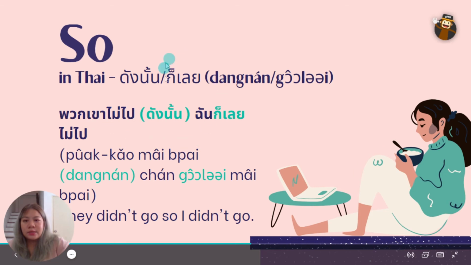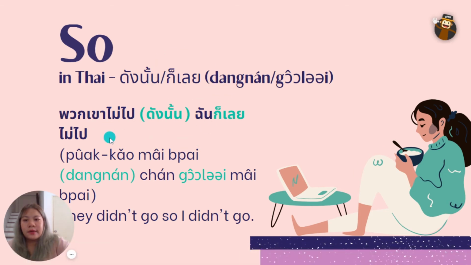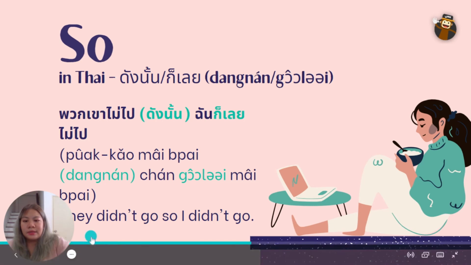And the next one, ก็เลย. For example, พวกเขาไม่ไปฉันก็เลยไม่ไป. That means they didn't go so I didn't go as well.